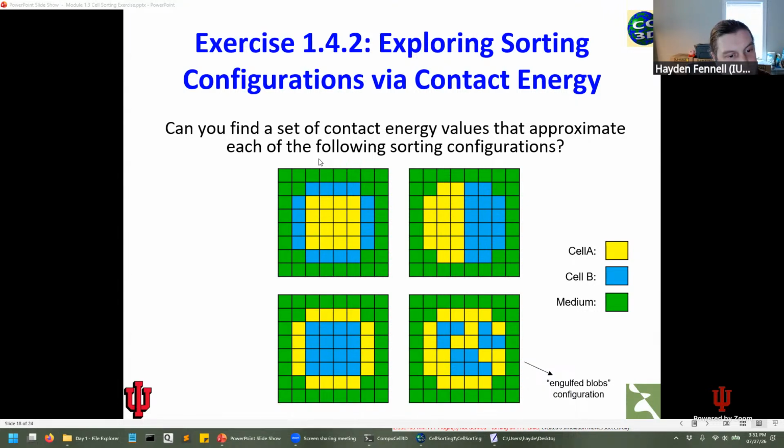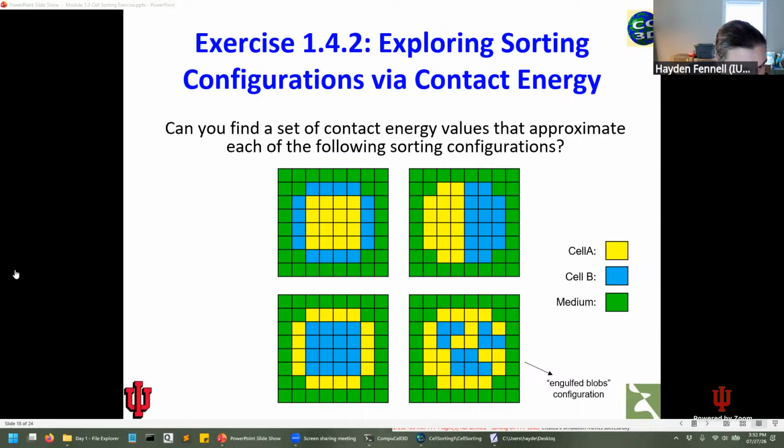Maisha, that's good, an interesting symmetrical side-by-side plus blobs. One thing I might suggest, Ali, is if you make your blob initializer a little bit bigger so there's just more cells, and then leave your contact energies where they are, you may notice less of a pinch point effect there.